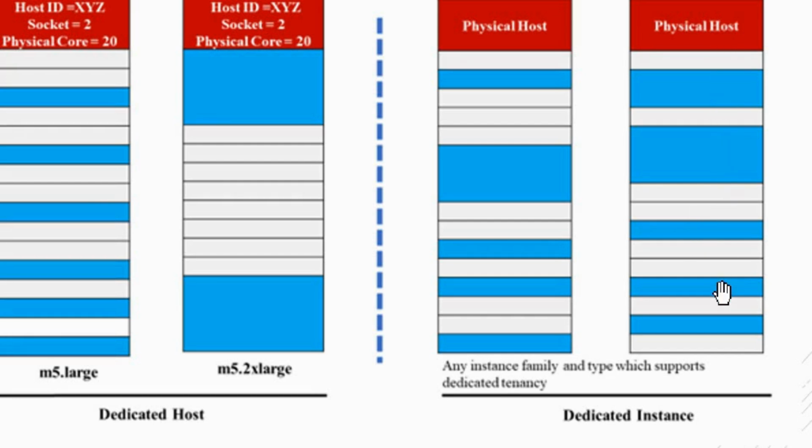For example, on 1 host you can see different types of instances: a small instance, a large instance, and a 2x large instance. So it's mixed together, but the only difference is that it is handled by only 1 customer.